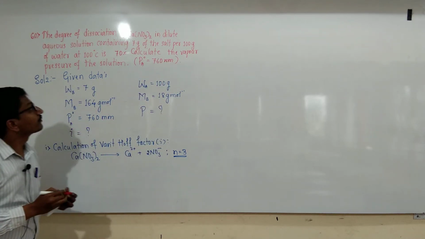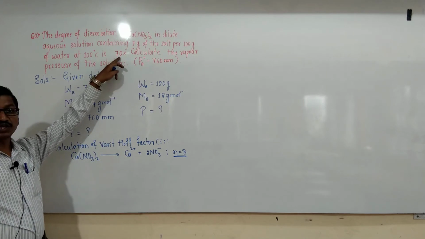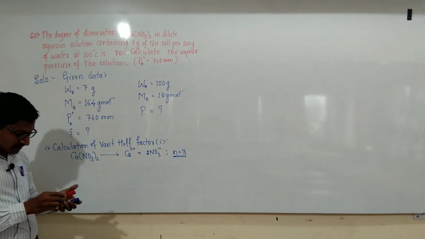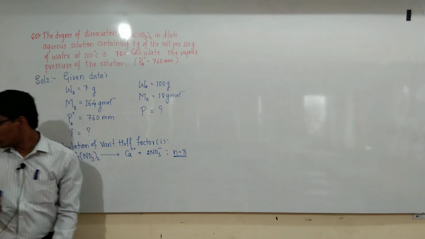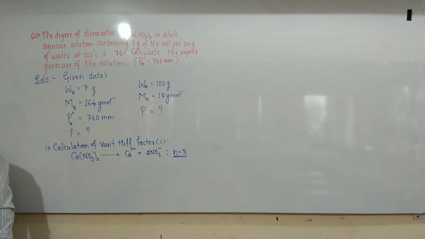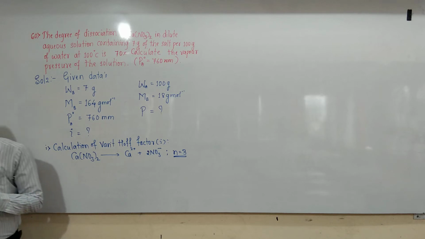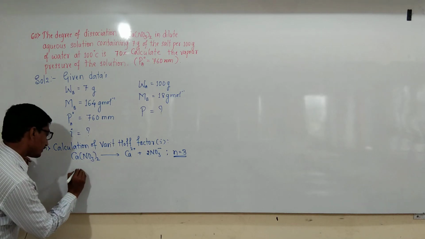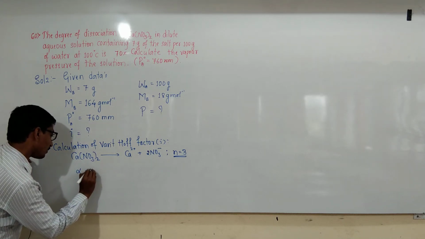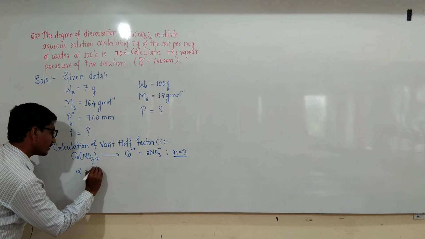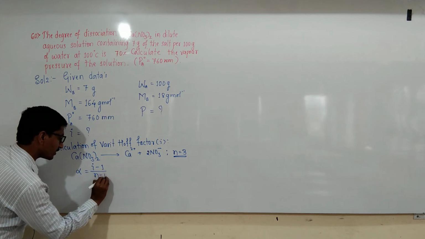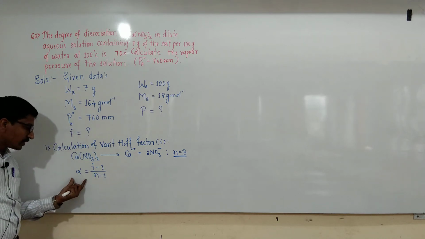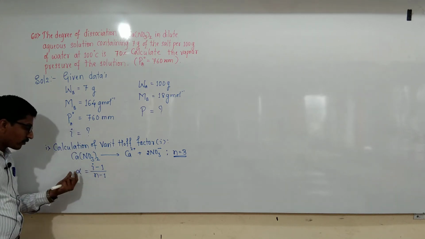From this value of n we can calculate the van't Hoff factor. The degree of dissociation alpha is equal to (i minus 1) divided by (n minus 1).